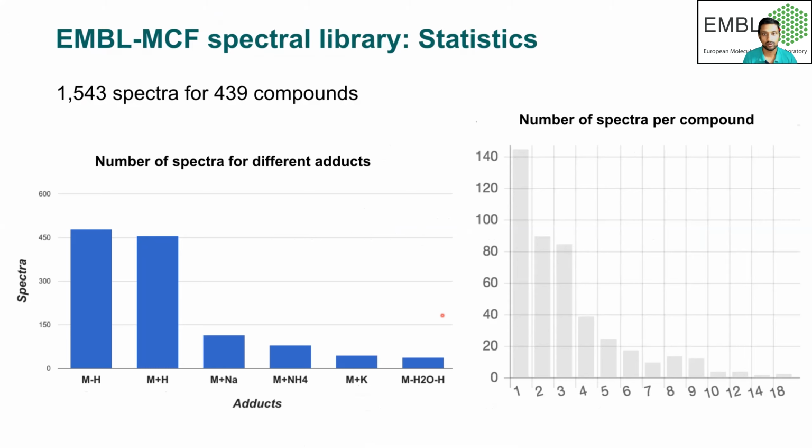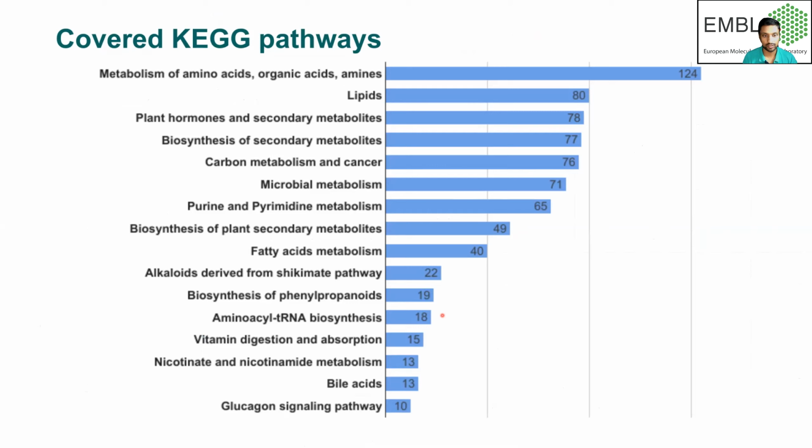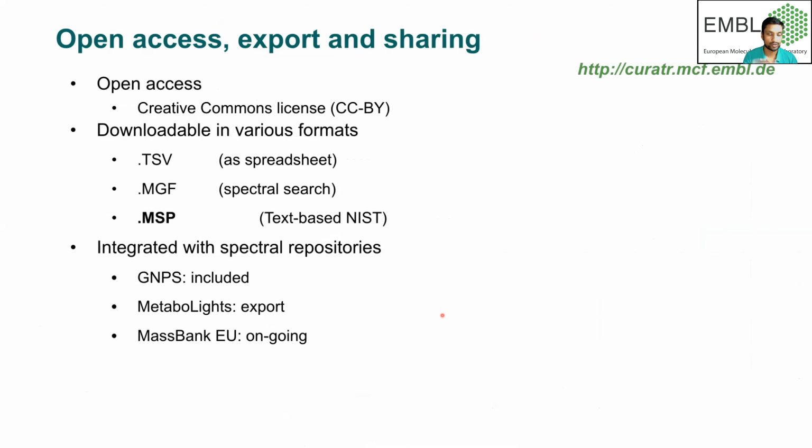So this is the overview so far: we have about 440 metabolites, with different adducts, meaning we run different methods, and our library covers almost most of the pathways. You can download this library in multiple formats, plug it into your software and use it for your data analysis. This is the web address where you can find the library.